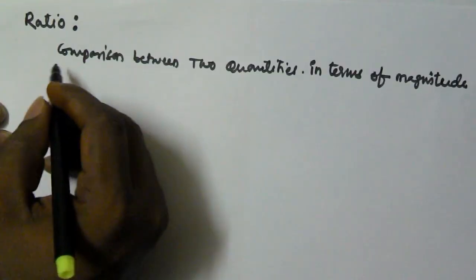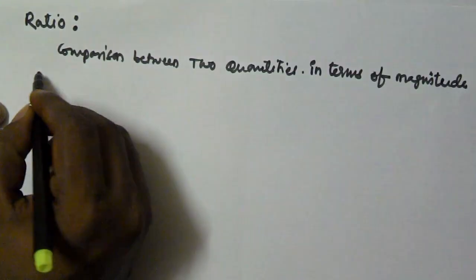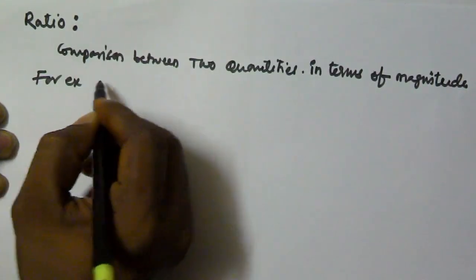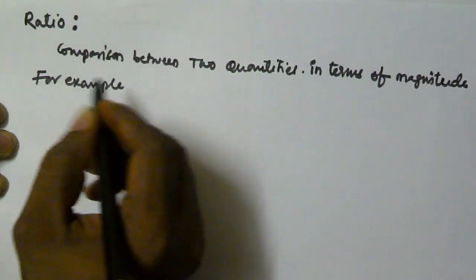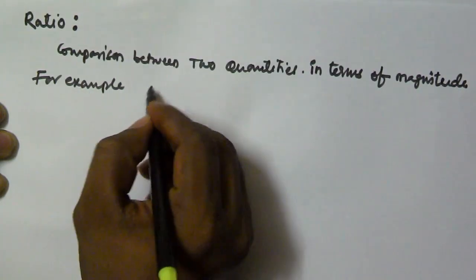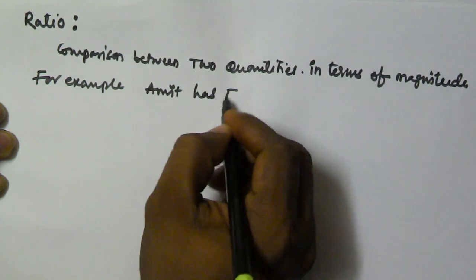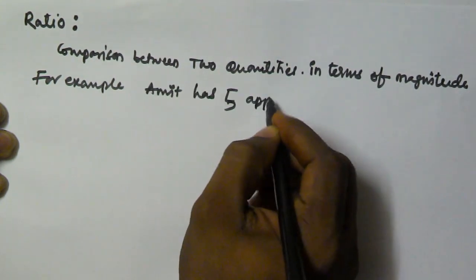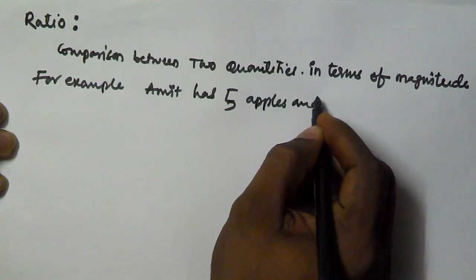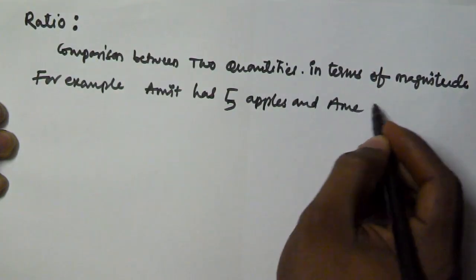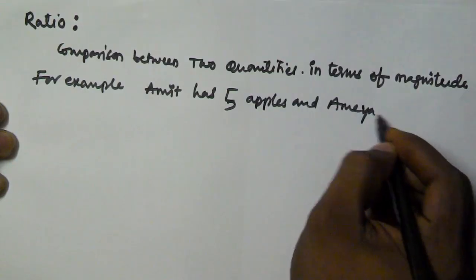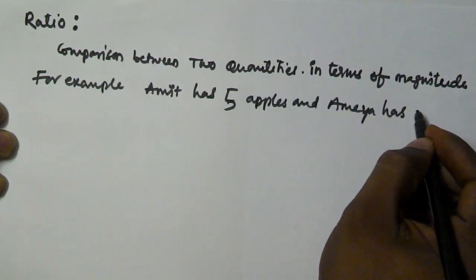For example, Amit has 5 apples, and Ameya has 3 apples.